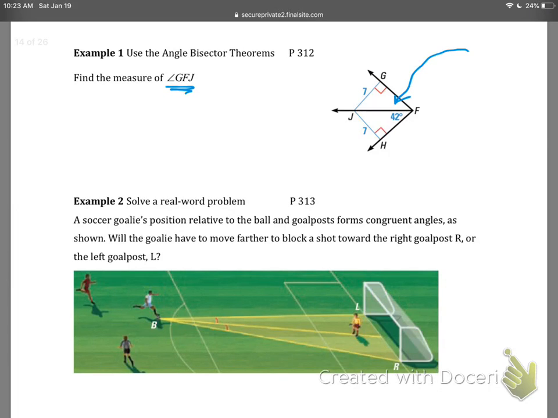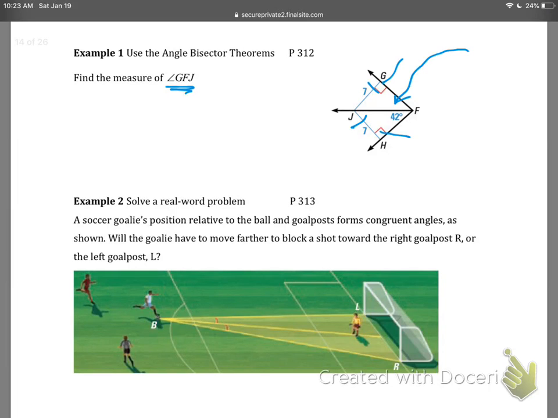I see that I have ray JF. I see that ray JF may divide the angle GFH in half if these segments are equal and if when you draw those lines you have perpendiculars. So if that is the case, then JF must be an angle bisector.